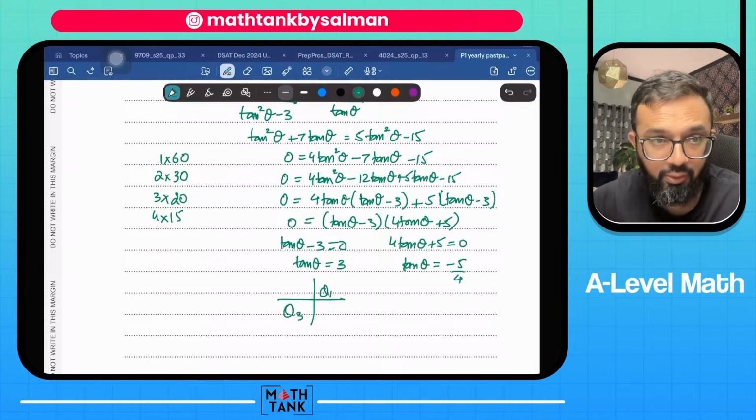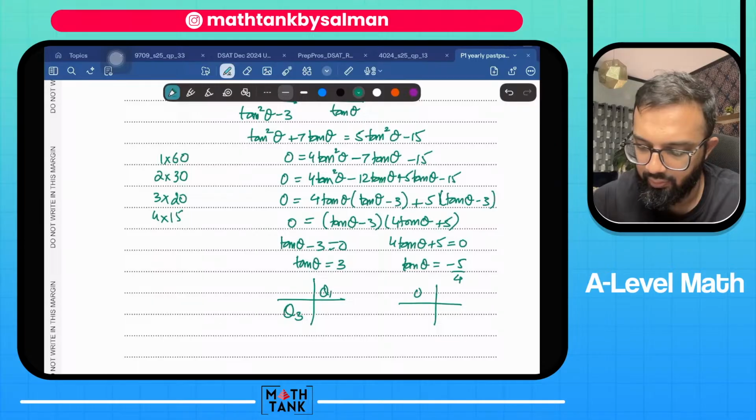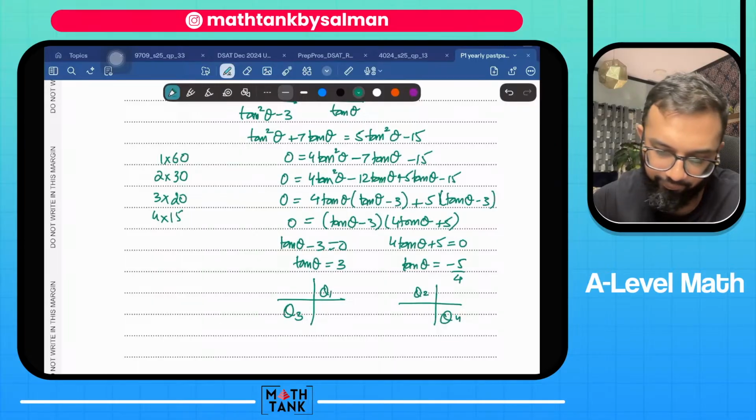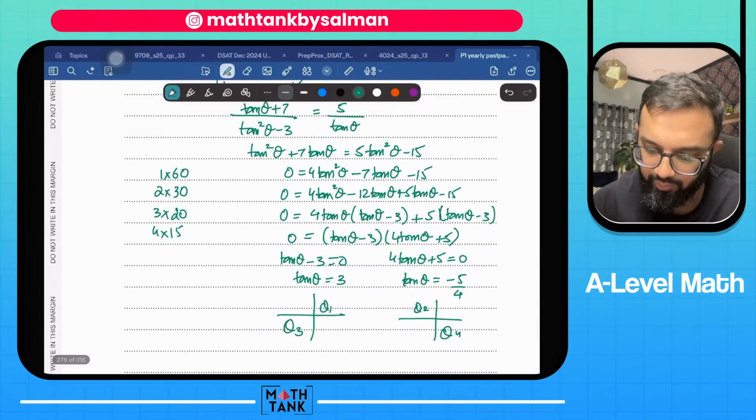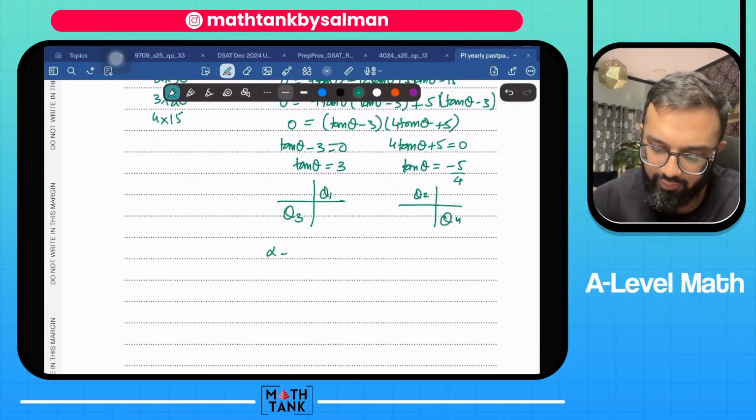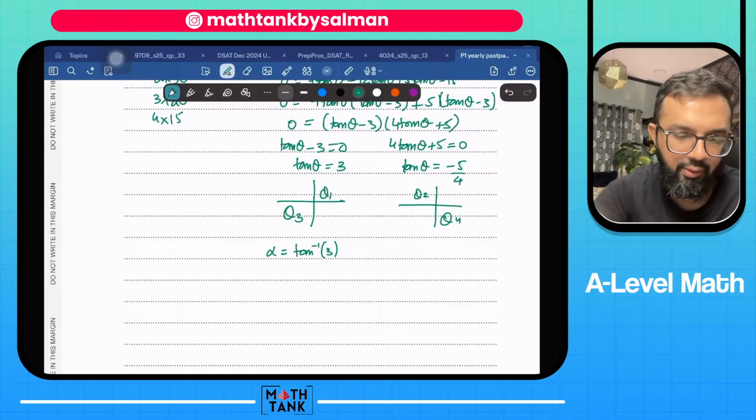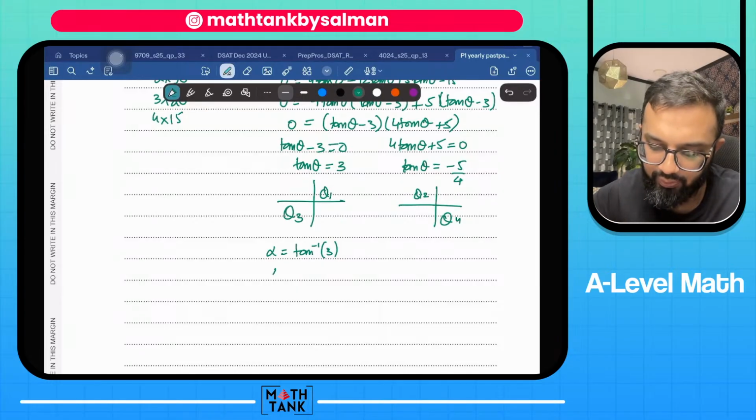Tan is positive in quadrant 1 and quadrant 3, negative in quadrant 2 and quadrant 4. The range goes only 0 to 180, so I can ignore the later quadrants. Tan inverse of 3 is 71.6.